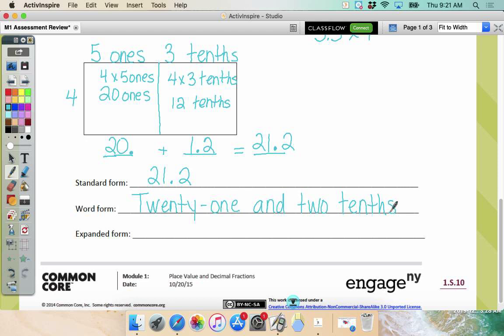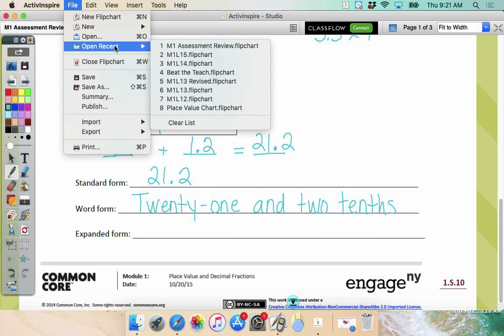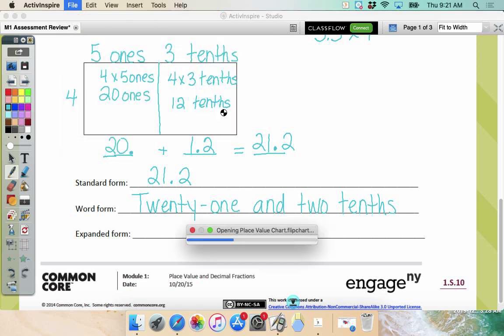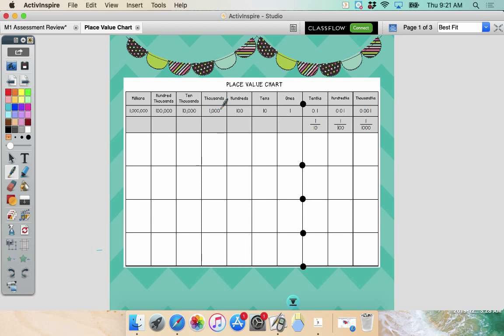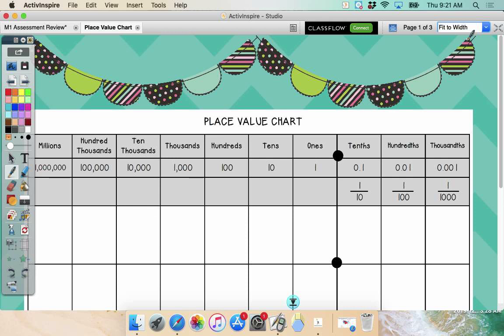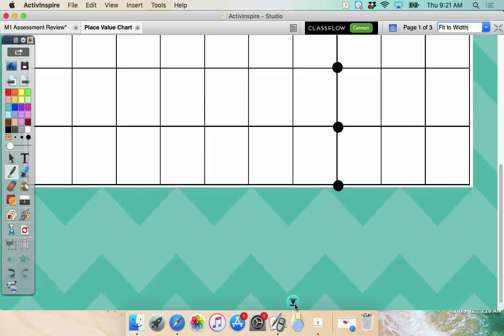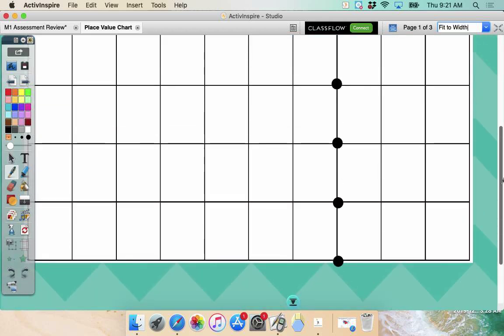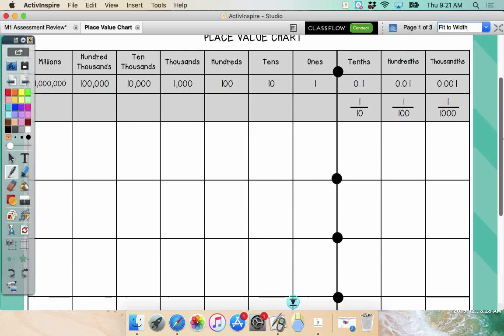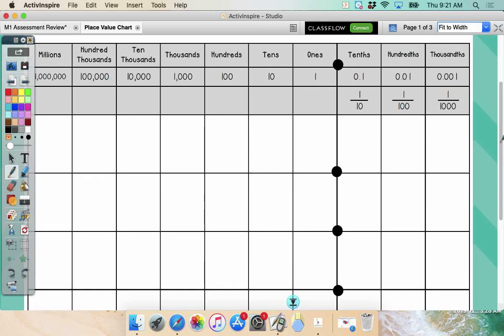Now I'm going to see if I've got a place value chart I can open up. Oh, good. Okay, so the place value chart, I'm going to remind you how we did the expanded form on the place value chart in case you need it. You don't need yours right now. Just let me show you. So I'm going to write 21 and 2 tenths on the place value chart, okay?